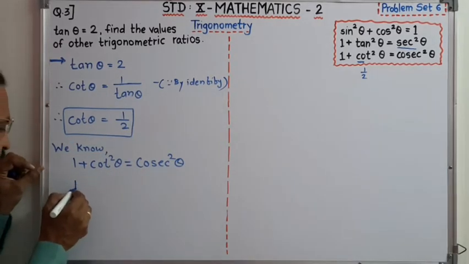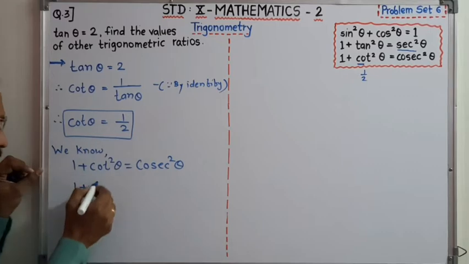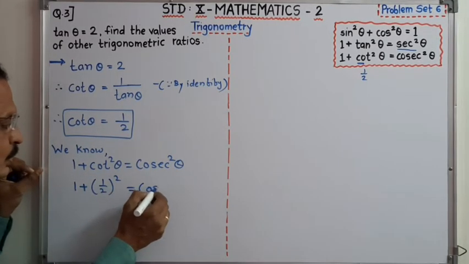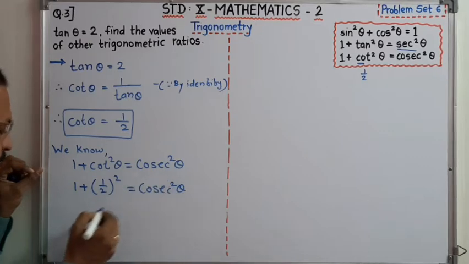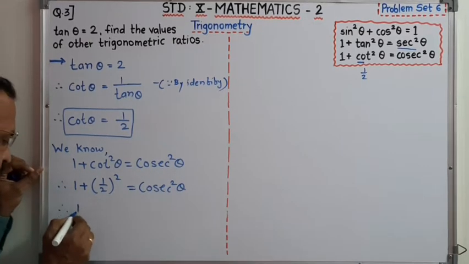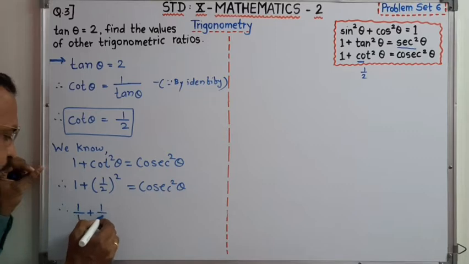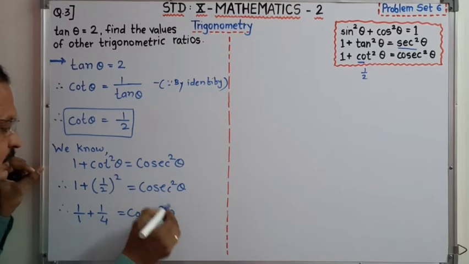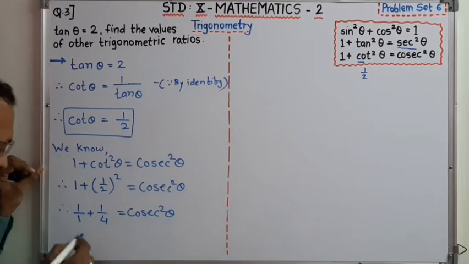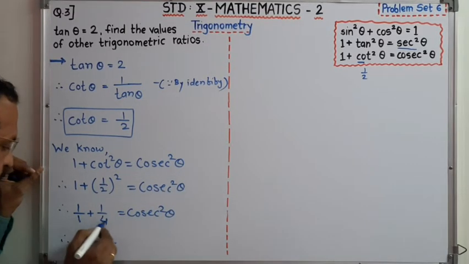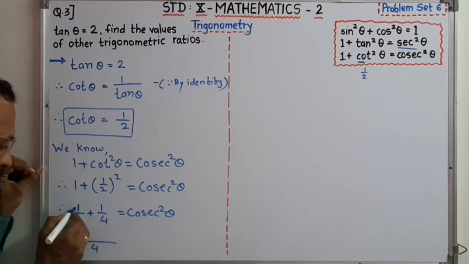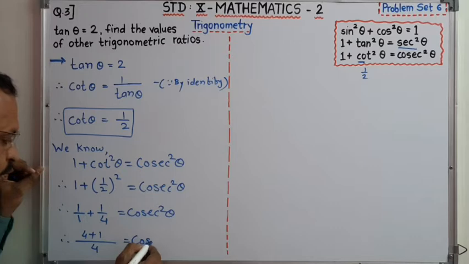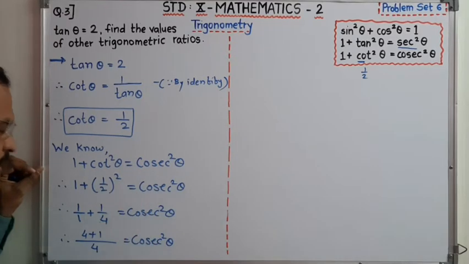Now see, 1 plus (1 upon 2) whole square is equal to cosec square theta.